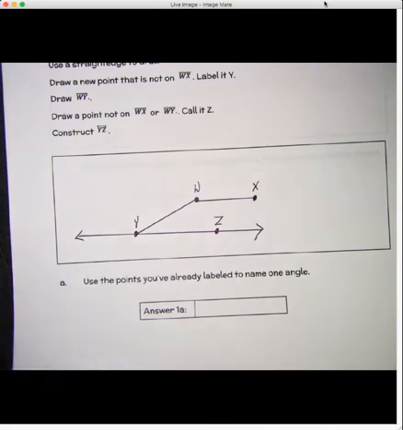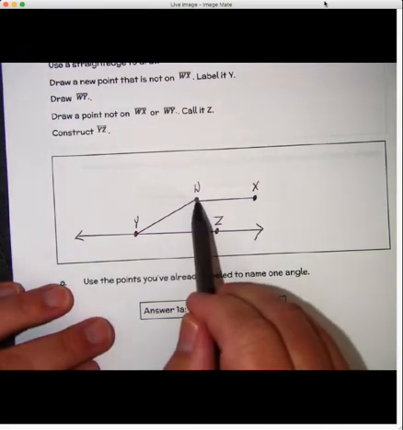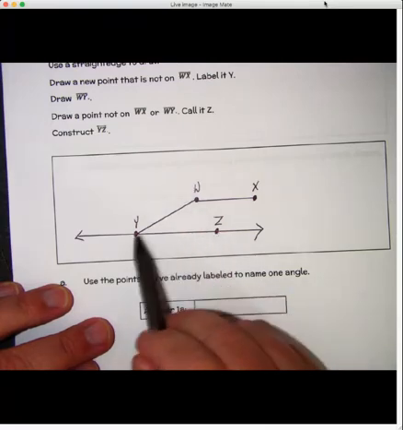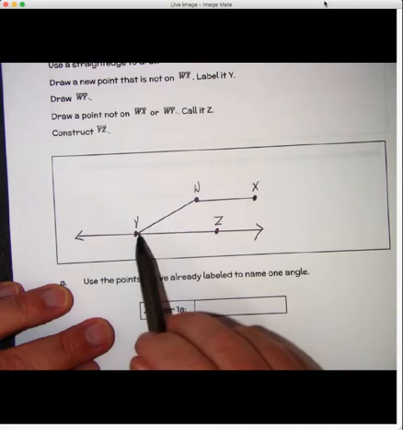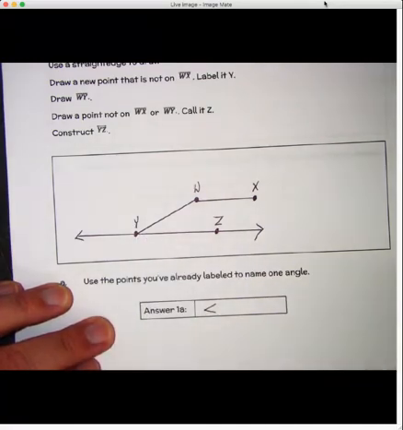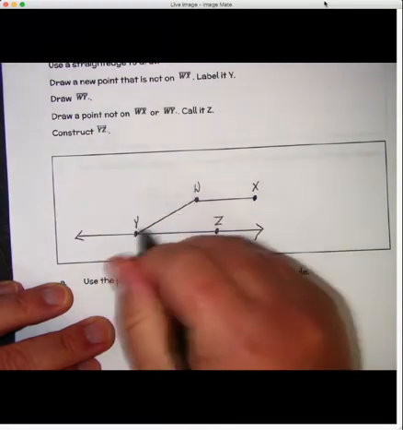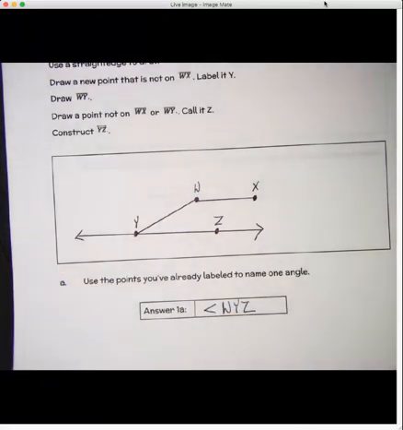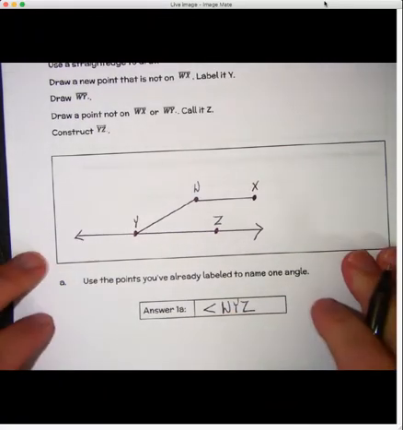So just looking at what we've drawn, I see there's an angle right here. We can say angle WYZ. Remember, Y has to be in the middle. It's the point of this angle. So we draw the angle like that. We have to name 3 points. So WYZ. Okay, there's the name of one angle.